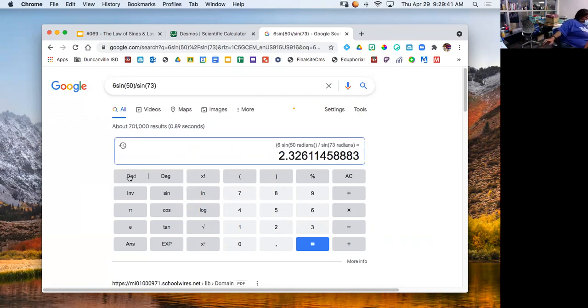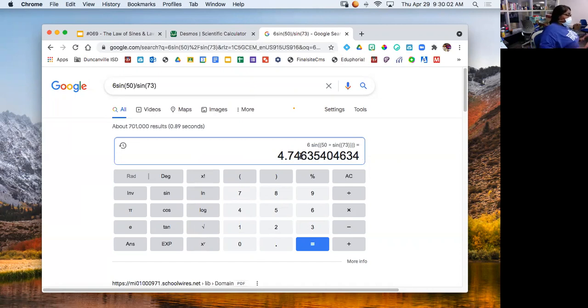Does it say degrees now? And 6 sine of 50 divided by sine of 73 now gets you the correct answer.